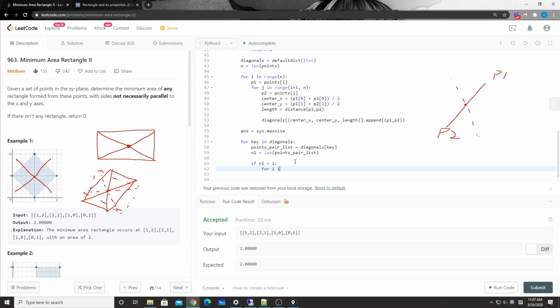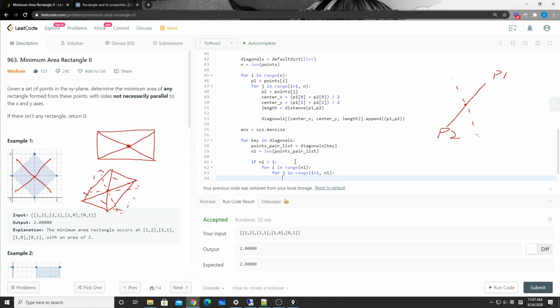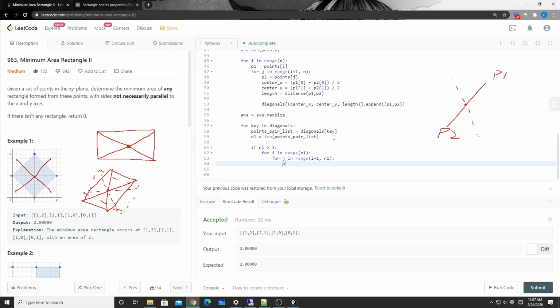So for i in range n1, and for j in range i plus 1 to n1. Now we have all the points here. We have p1 equals to what? This thing, i0, and we have p2, p3, p4.